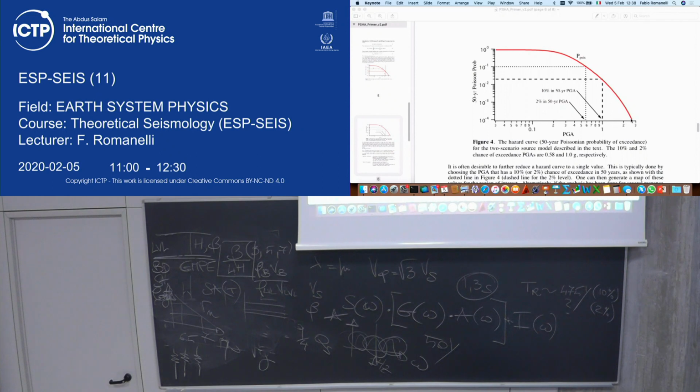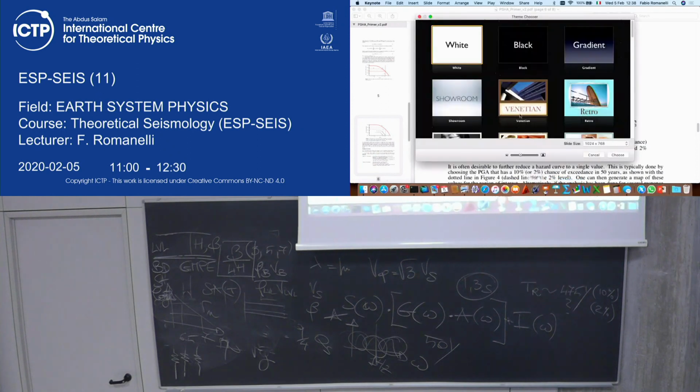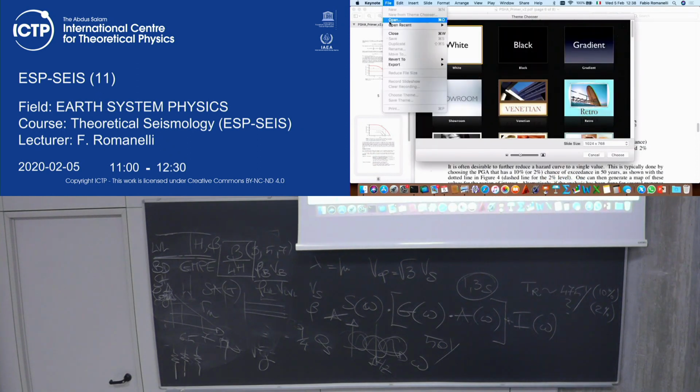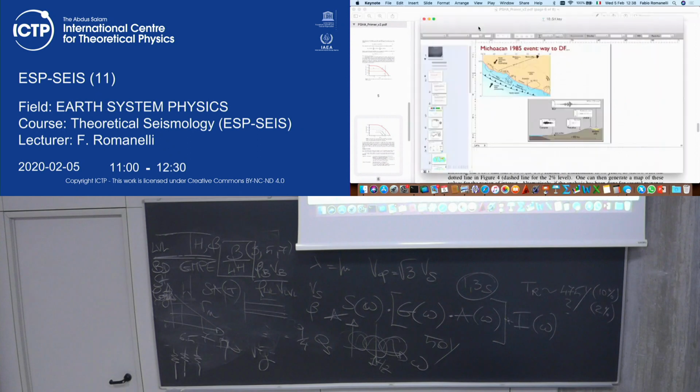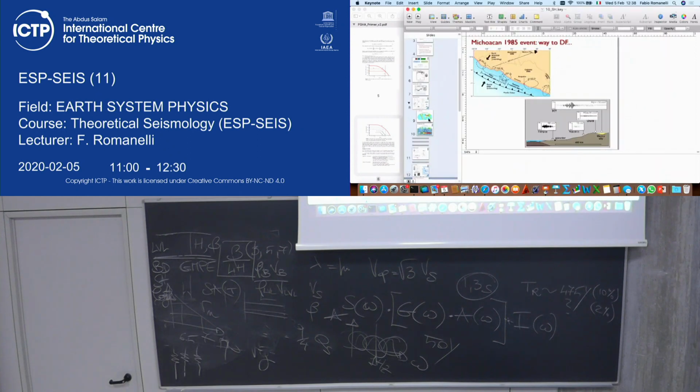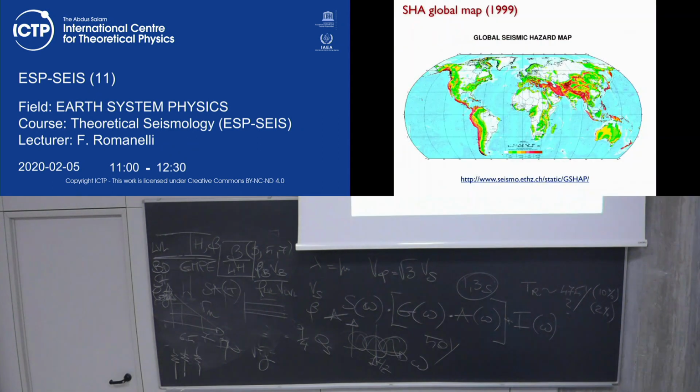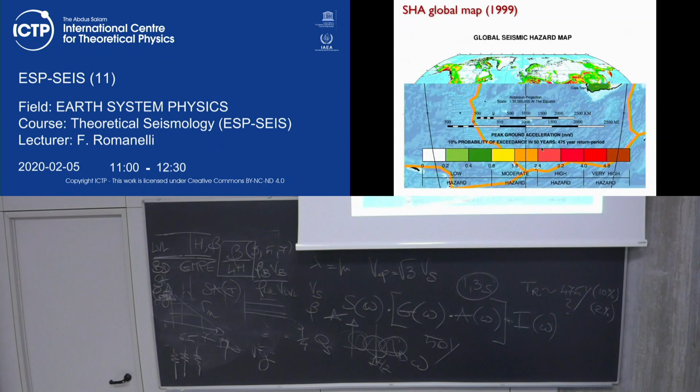So, using 10% in 50 years is explaining to you what is the value of O. What is it? That is written here. Okay? Now you can read the hazard map.